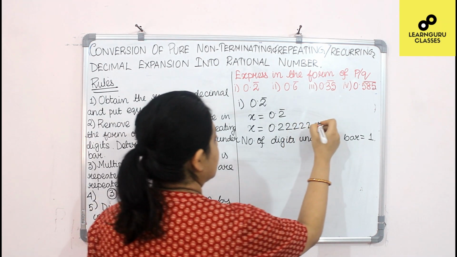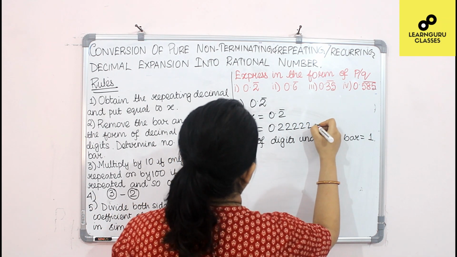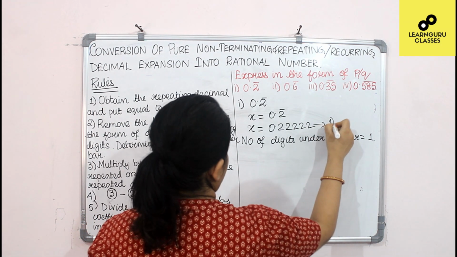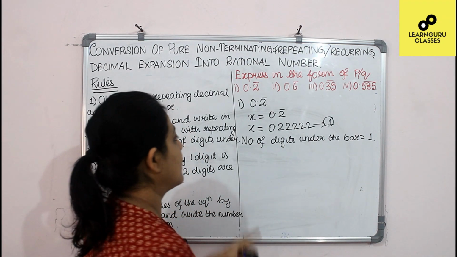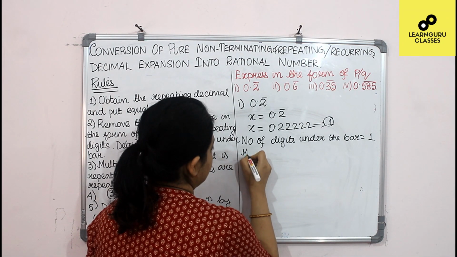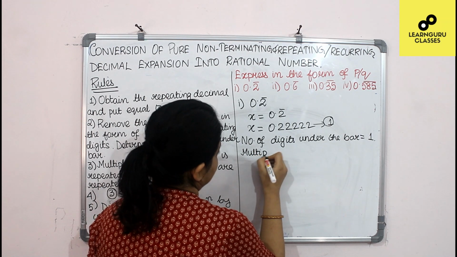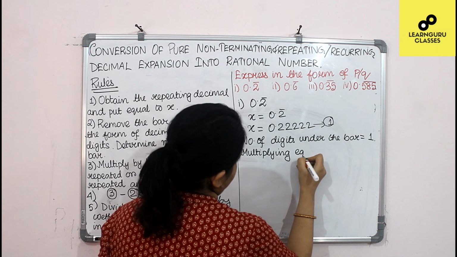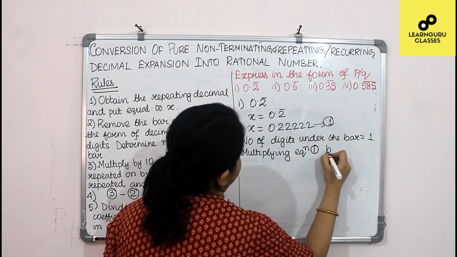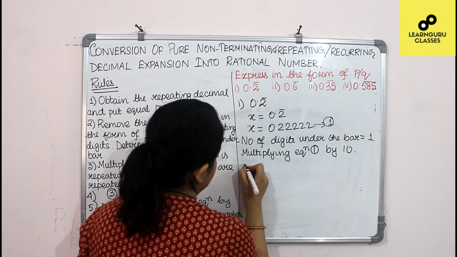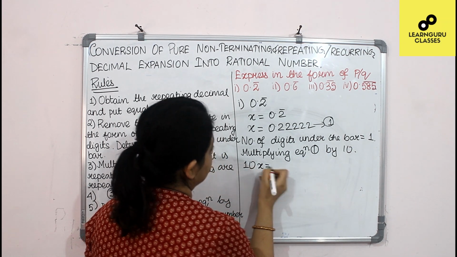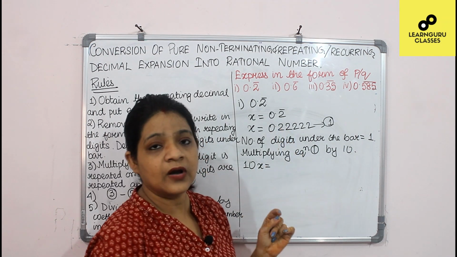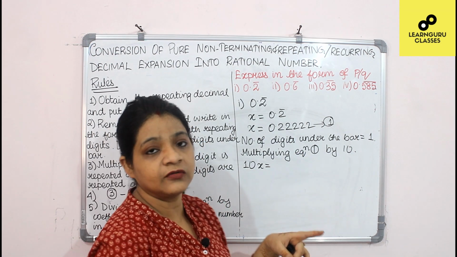Let me keep this as equation 1. Multiplying equation 1 by 10, what do we get? 10x equals, now what will happen if I multiply 0.2222 with 10?